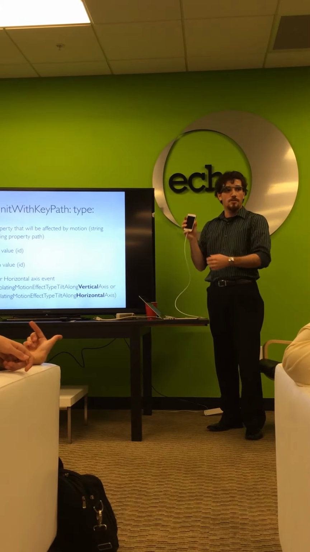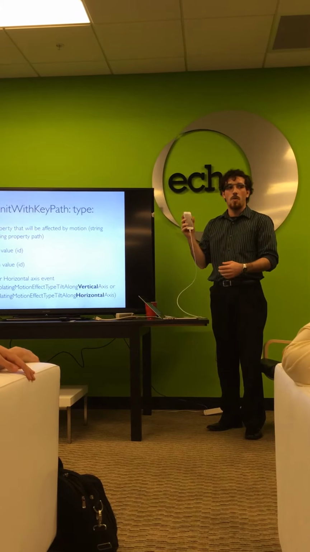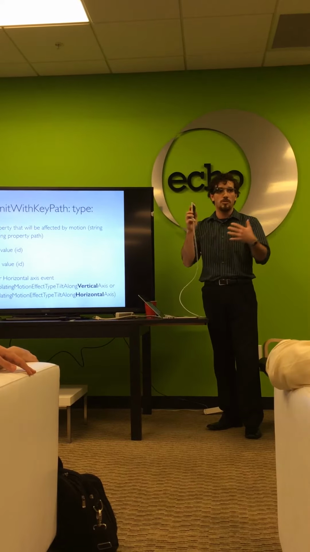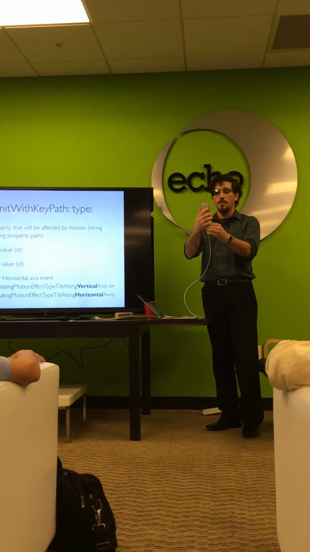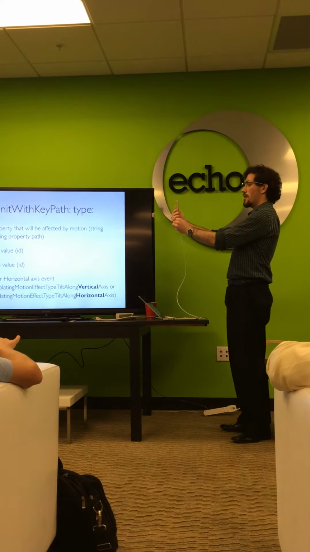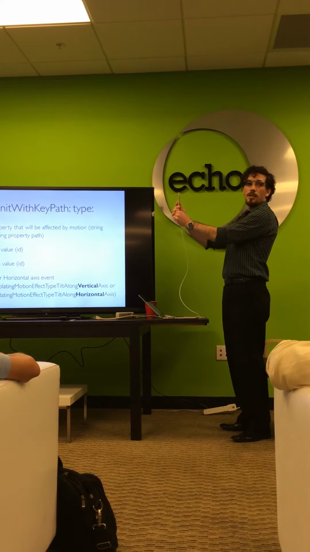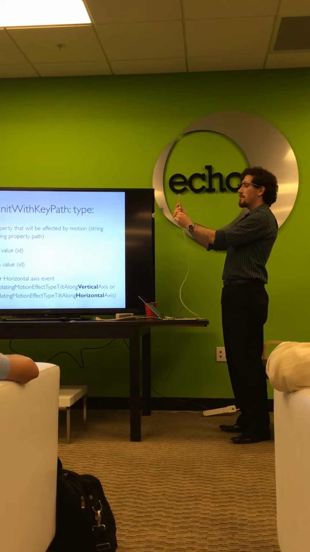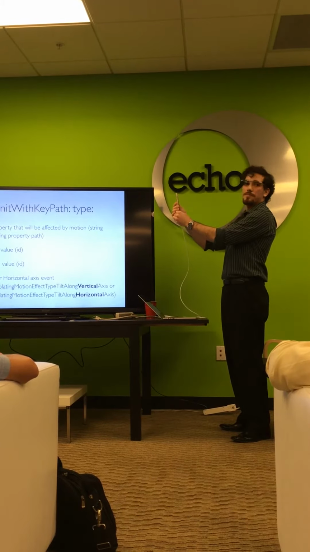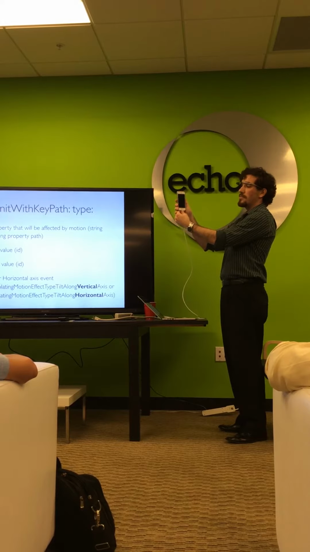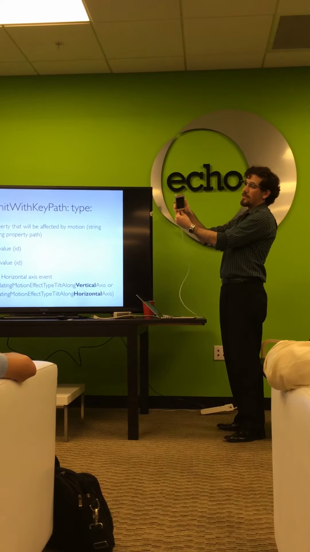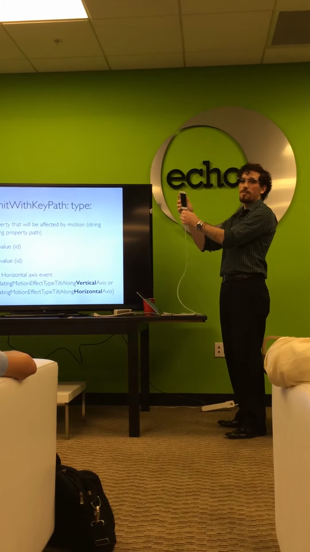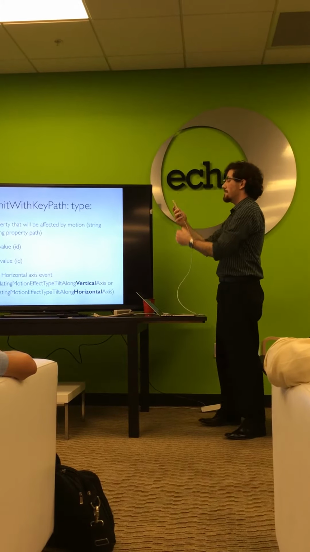One is supposed to be the X and the other the Y. And pretty much it just tells you how the device is oriented relative to the viewer. So if I'm looking at this right now, centered, the UI offset is going to be 0, 0. If you tilt like that, it's going to be -1, 0. If you do it like that, it's going to be -1, 1. And I mean, you guys got it, I guess.